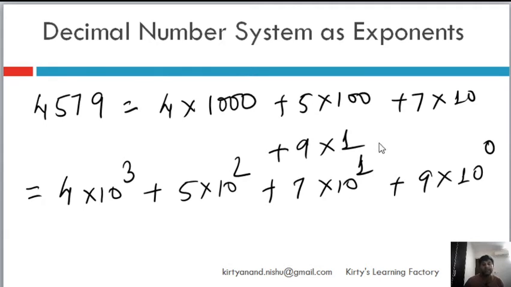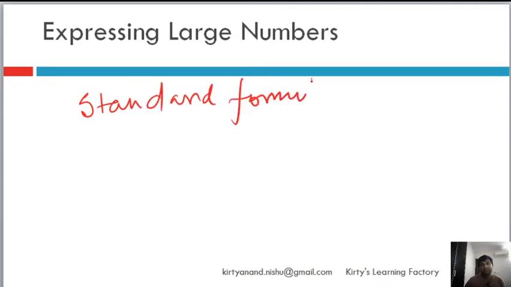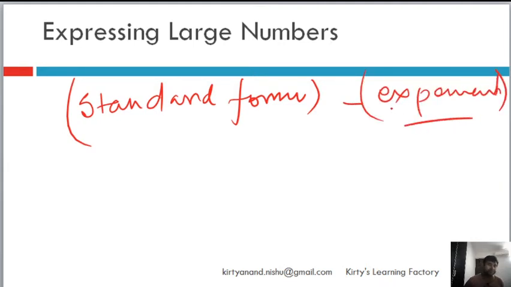Yeah, and that basically also brings me to the next concept, which is expressing larger numbers. Whenever we express larger numbers, understand that numbers can be expressed in multiple ways, but there is a standard form of expressing a large number as an exponent. So for example, let's take a number 78901350002.